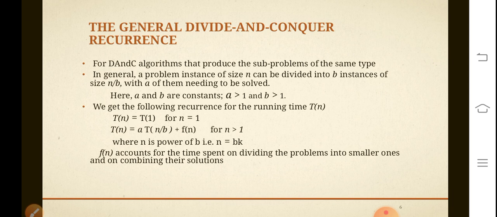We get the following recurrence for the running time T of n. T of n equals T of 1 for n equal to 1, and T of n equals a into T of n by b plus f of n for n greater than 1, where n is a power of b, that is n equals b raised to k. The function f of n accounts for the time spent on dividing the problem into smaller ones and on combining their solutions.